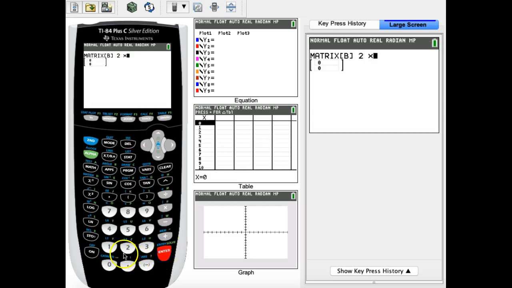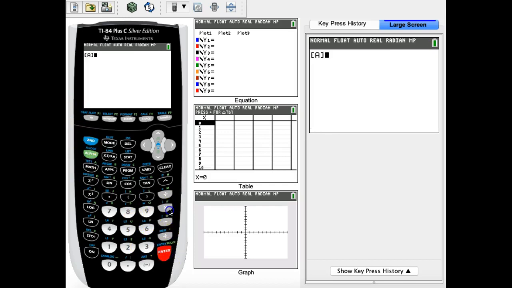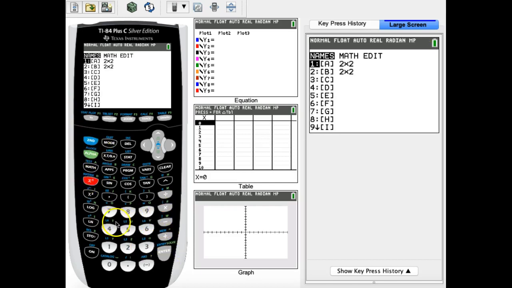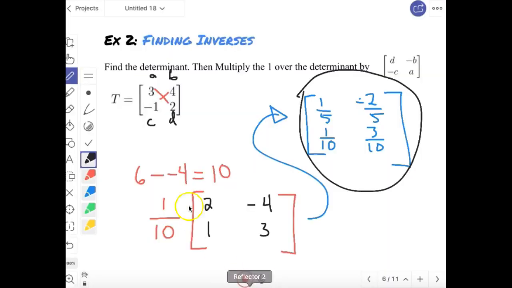Whoops. 2 by 2. 0.2, negative 0.4, 0.1, 0.3. So all I need to do is multiply these two things together. So I have A times B equals 1, 0, 0, 1. So that's the identity matrix. So that's how we can always check to make sure that that actually is the inverse.